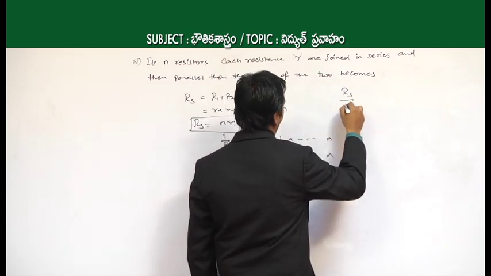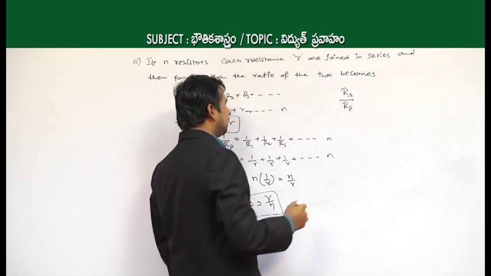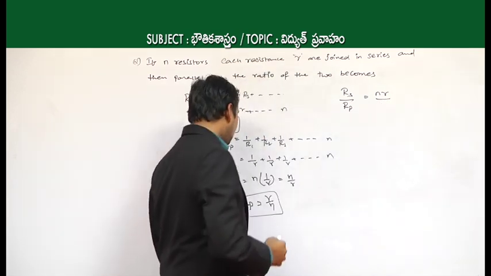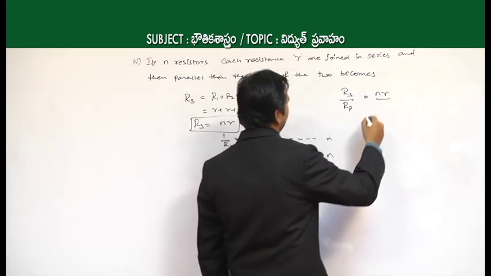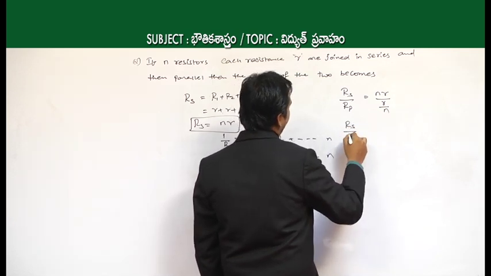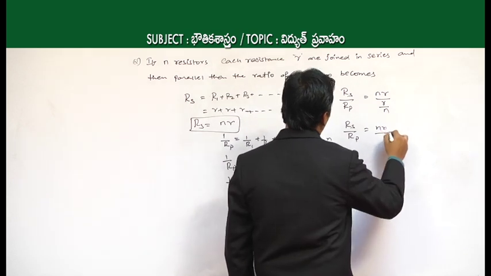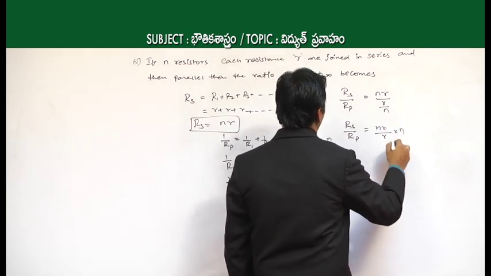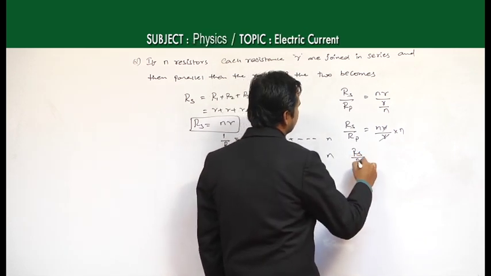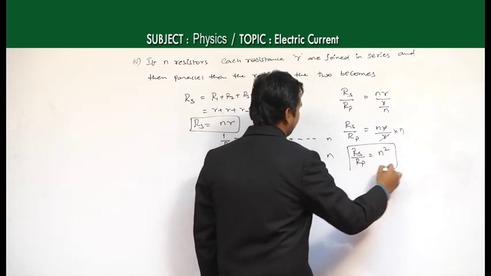Rs we got as n into R, whereas Rp is R by n. Then finally, resistance in series to resistance in parallel is equal to n into R by R by n, where n comes to the numerator. The R and R get cancelled and finally we get Rs by Rp is equal to n into n, which becomes n square.